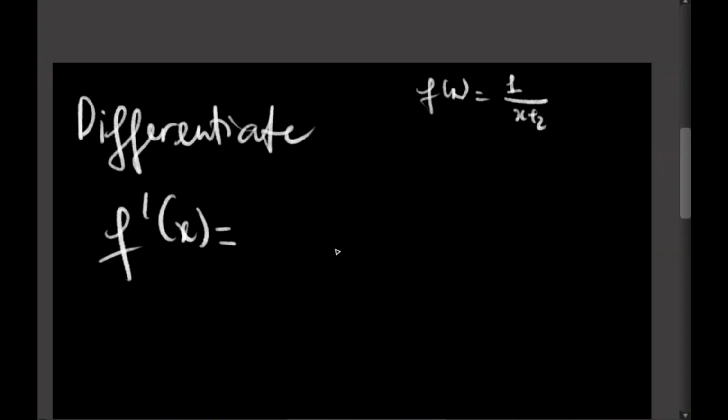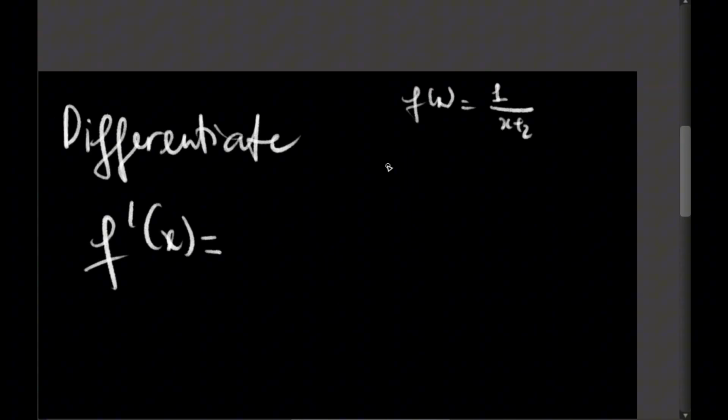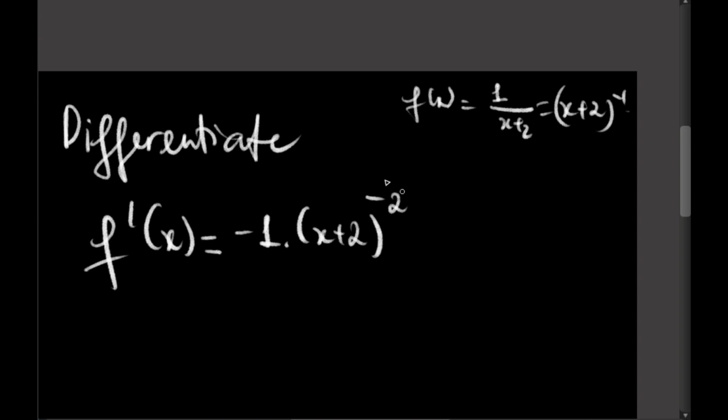So f prime of x is going to be equal to minus 2, and we're going to multiply with 1, because let's say we substituted x plus 2 for x.